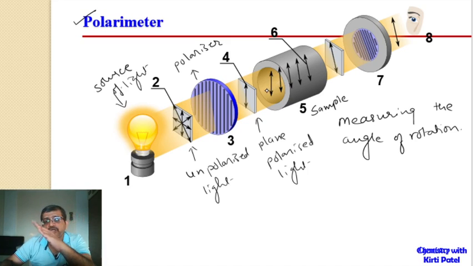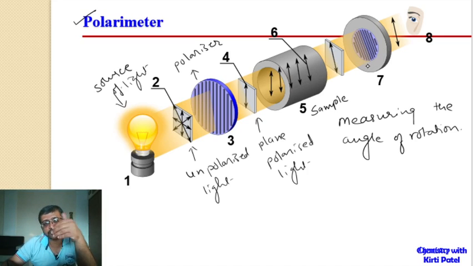Depending on your substance properties, whatever light comes out will have its plane of polarization tilted either clockwise or anti-clockwise, so that we can further detect using a detector what the angle of rotation is when we are not having any sample here and when we are having a sample.